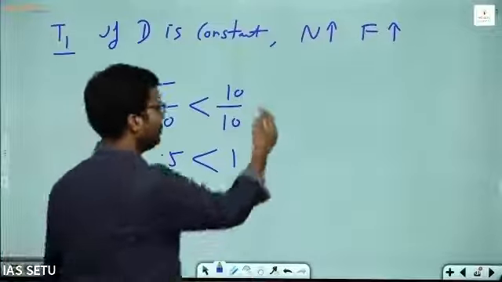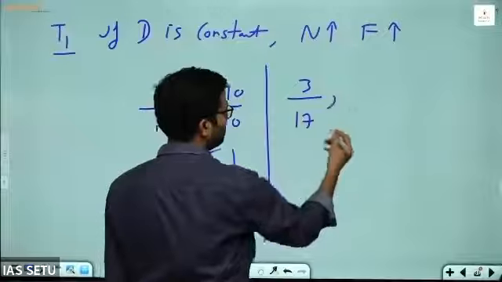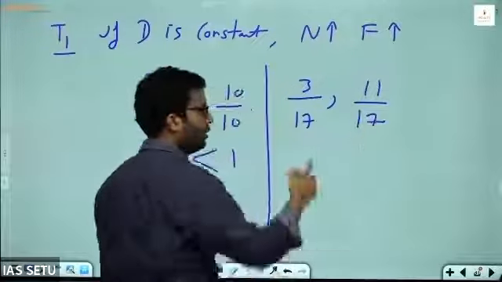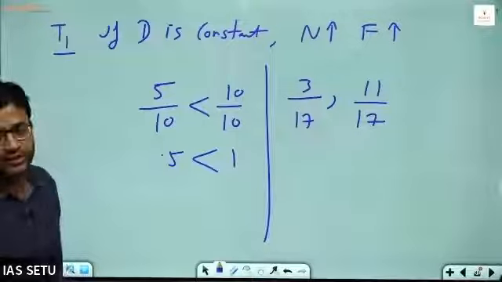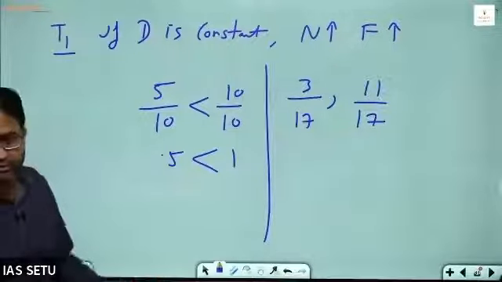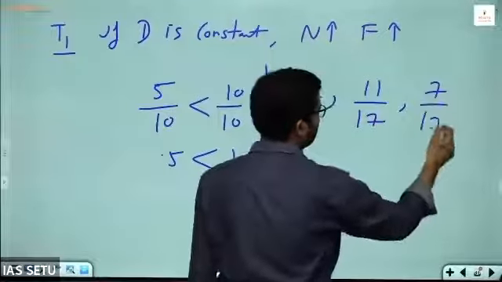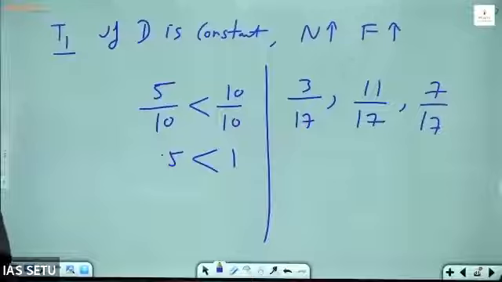Like I ask you a question: 3 by 17, 11 by 17. Tell me, out of these two, which one is larger? 3 by 17 or 11 by 17? 11 by 17, without any doubt. One more, 7 by 17. They have given three fractions, 3 by 17, 11 by 17, 7 by 17.